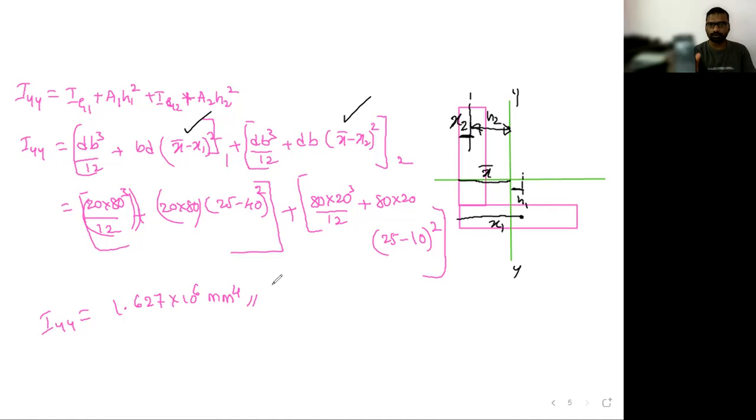Sir, 1.6266, 1.62, the correct answer has come. Yes, I got 1.627. It probably doesn't show in the calculator. I got 1.6266666. Press the ENG button: 1.6266 into 10 raised to 6. Yes, the answer is correct.